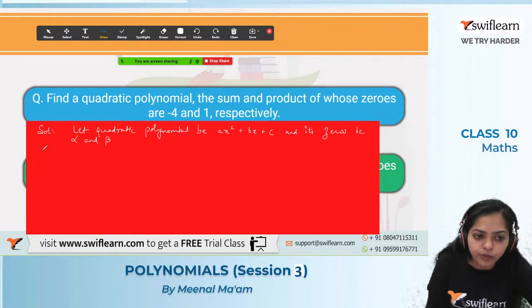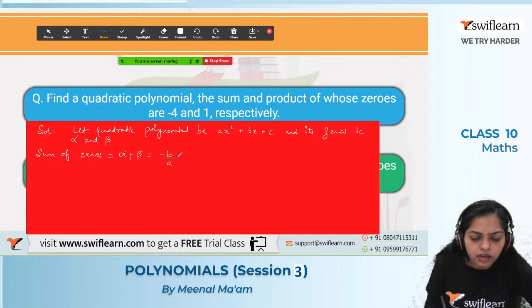Alright, now according to the question, sum of zeros is equal to alpha plus beta, and that is equal to minus b by a. The sum is given as minus 4.